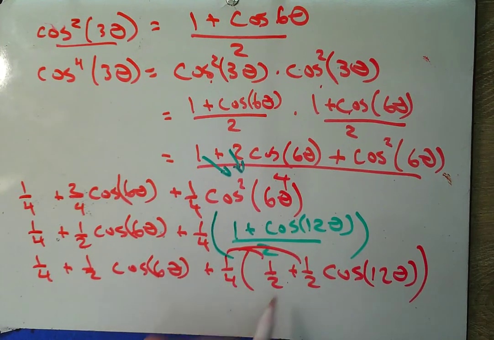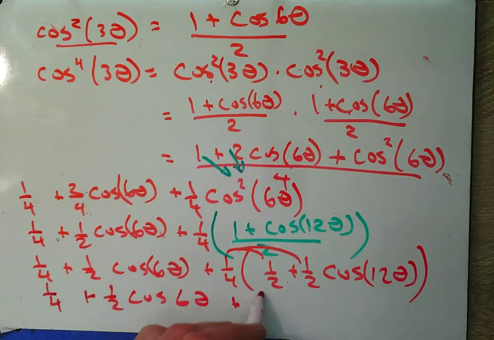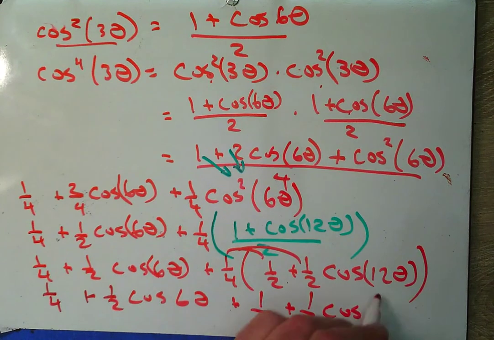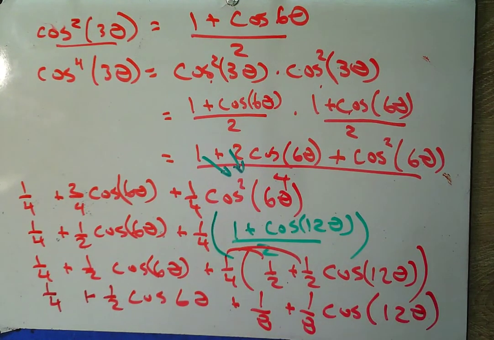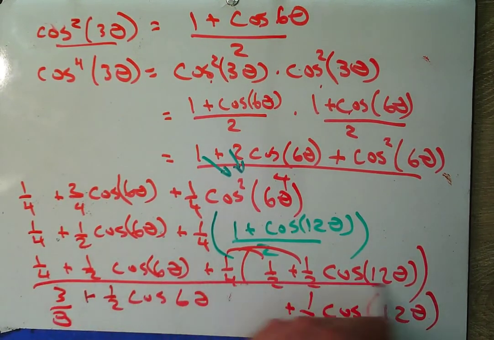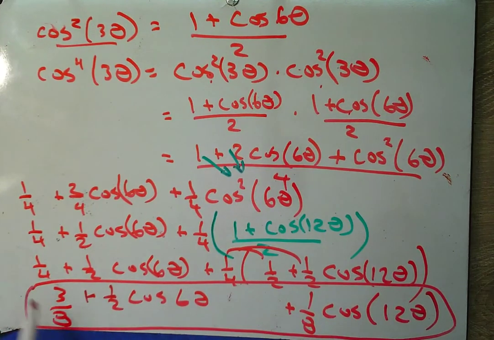And distribute. So I'll have 1/4 plus 1/2 cosine 6 theta plus 1/8 plus 1/8 cosine 12 theta. 1/8 plus 1/4, or 2/8, will make this 3/8. And so here's my solution.